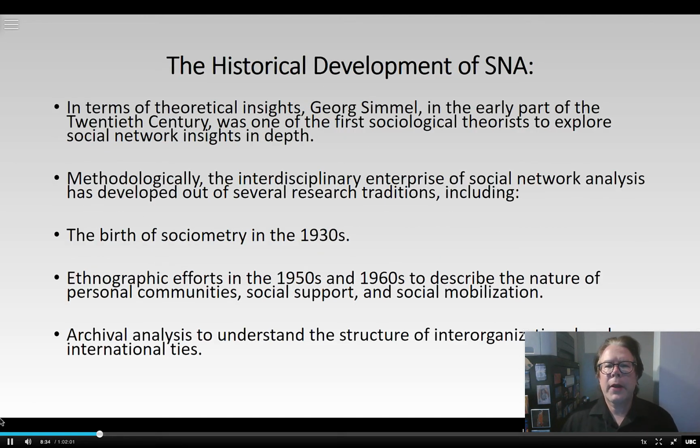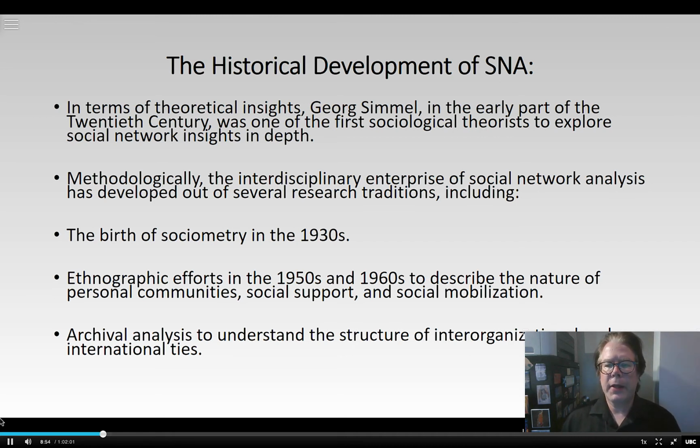In terms of theoretical insights, Simmel was probably the earliest sociological theorist to explore social networks in depth, and he was talking about social networks and social network phenomena in the early part of the 20th century.